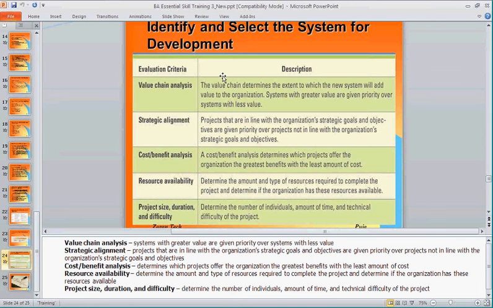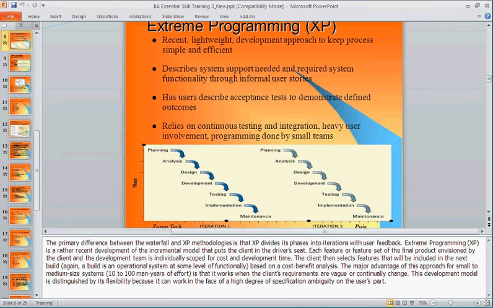Do you guys remember the notes on extreme programming? What does it say? Right here, what does it say? Do you see my screen on extreme programming?